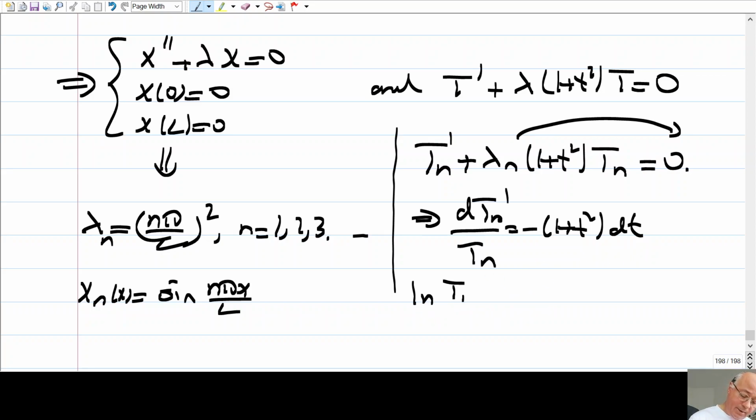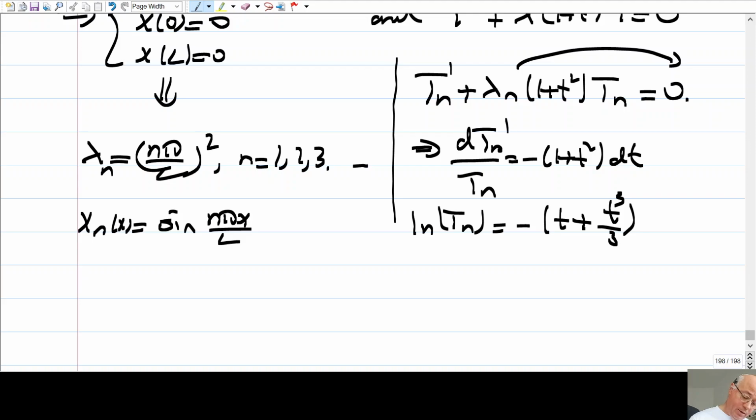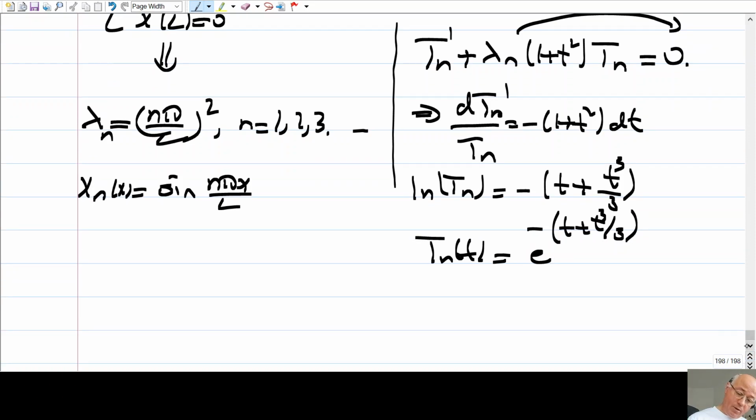Buradan ln T_n, bunun integrali eksi t artı t küp bölü 3, değil mi? Artı c var. C'yi boş verin. Dolayısıyla T_n(t) şöyle çıkacak: e üzeri eksi t artı t küp bölü 3, çarpı bir c.